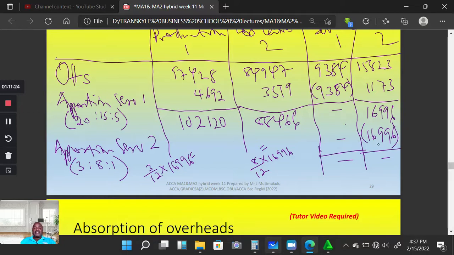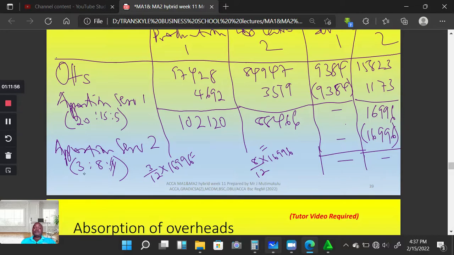So you can see that we've made an error here. What is the error? This one should not be considered, because in the second part of the reapportionment using the step down approach, we don't apportion again to the service center that has already been reapportioned.